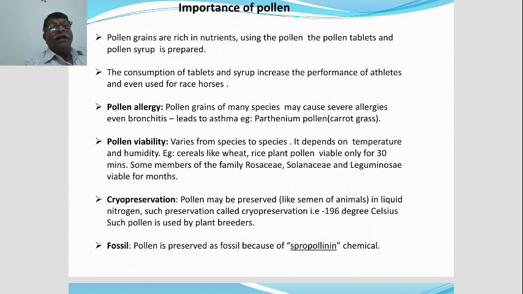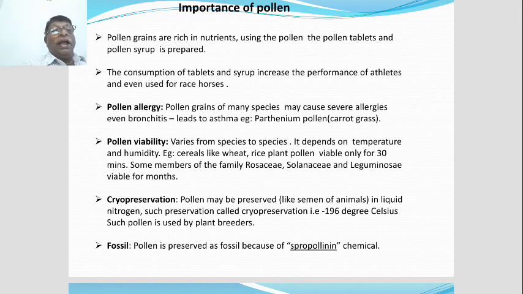Okay, next point, pollen viability. Viability means how long the pollen is viable or living. Pollen viability varies in different species. That is, it varies from species to species.